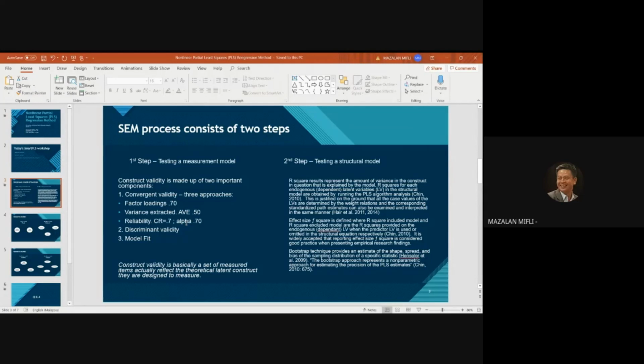And of course, I put in number 3, that is the model fit. I believe that many of you in the Google Meet now are PhD students or research students. If you are using Smart PLS3, or probably above, maybe at a later stage you are planning to use PLS4. I haven't looked at PLS4 yet, but I know it's already available. You gotta be mindful here when it comes to model fit.